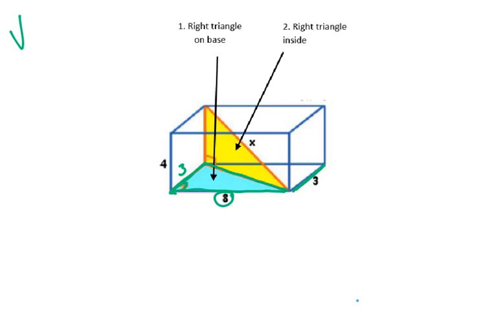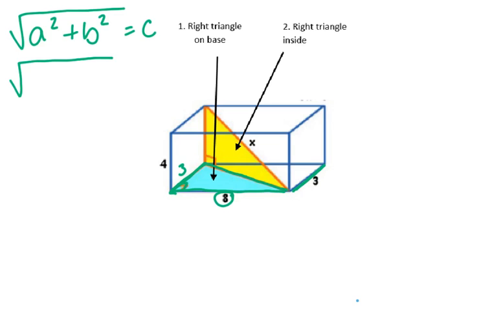So again, my formula is leg squared plus leg squared equals the hypotenuse, and then we square root that. So here I would have 8 squared plus 3 squared, and that's going to give me my missing hypotenuse. So in this one though, I don't want to square root it just yet.